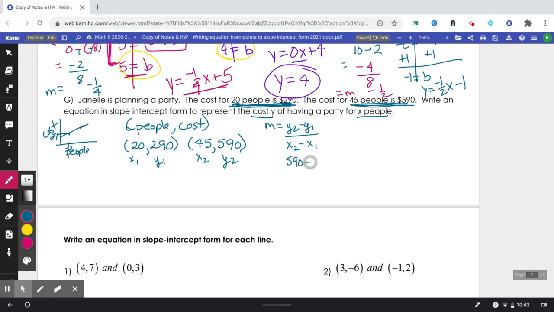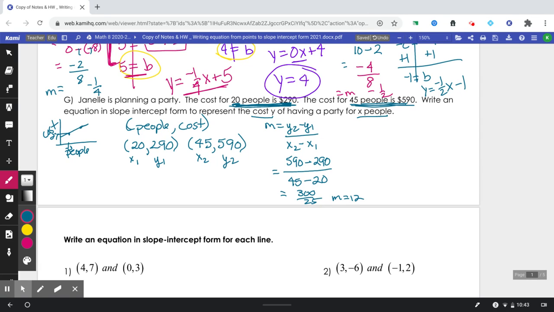So 590 minus 290 over 45 minus 20. If we do the math on this, 590 minus 290, we get 300. 45 minus 20, we get 25. And if you divide that out, the slope equals 12.